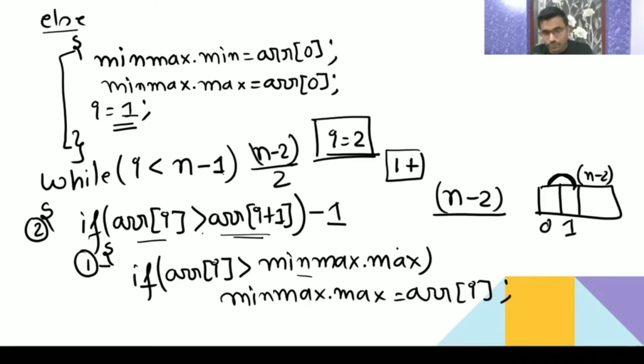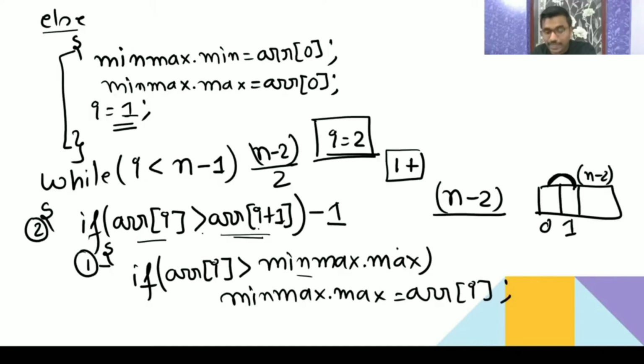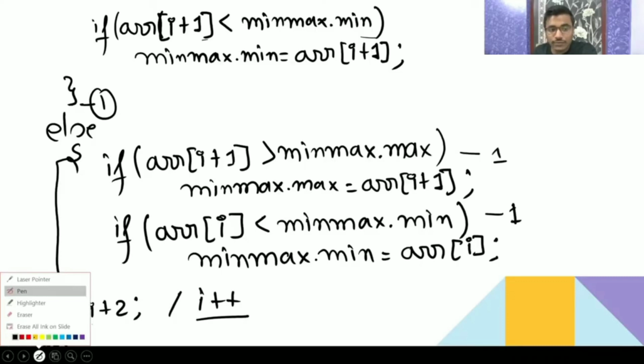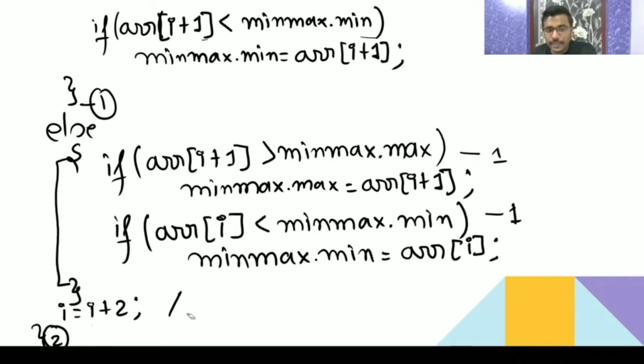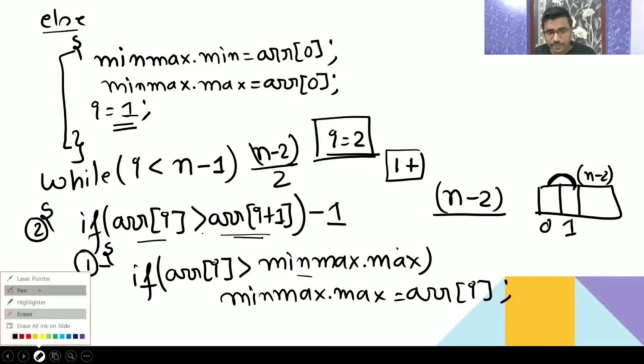If I increase by 1 in step 1, I plus plus, then this while loop executes n minus 2 times. But it is increasing in step 2, so this while loop will run half of that, n minus 2 by 2. Is it clear? Please let me know whether it is clear or not.